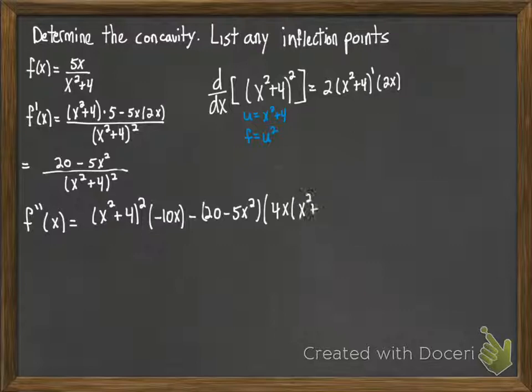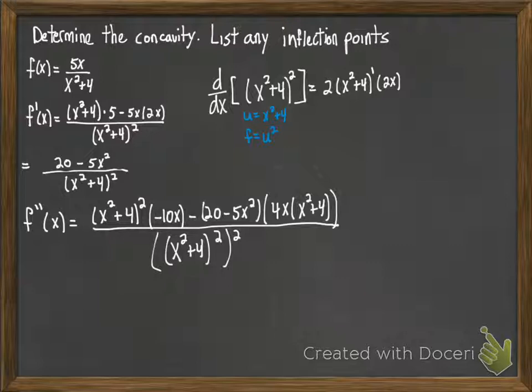So that would be 4x times x squared plus 4 to the first, which would just be x squared plus 4. And that's all over our bottom thing squared. So x squared plus 4 squared squared, but that is the same as just x squared plus 4 to the 4th power.